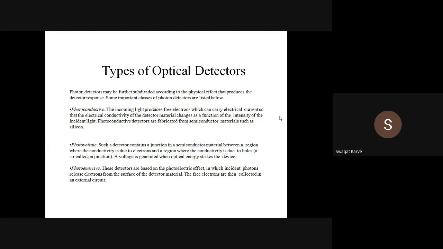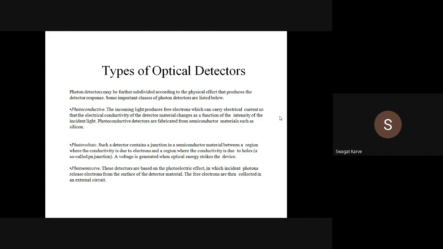So if someone asks you about the two types of optical sources that we have discussed, I'm talking about the sources, LED and laser. LED works on spontaneous emission, laser works on stimulated emission, and optical detectors, which convert the light input into its equivalent electrical signal, that is an optical detector, right?